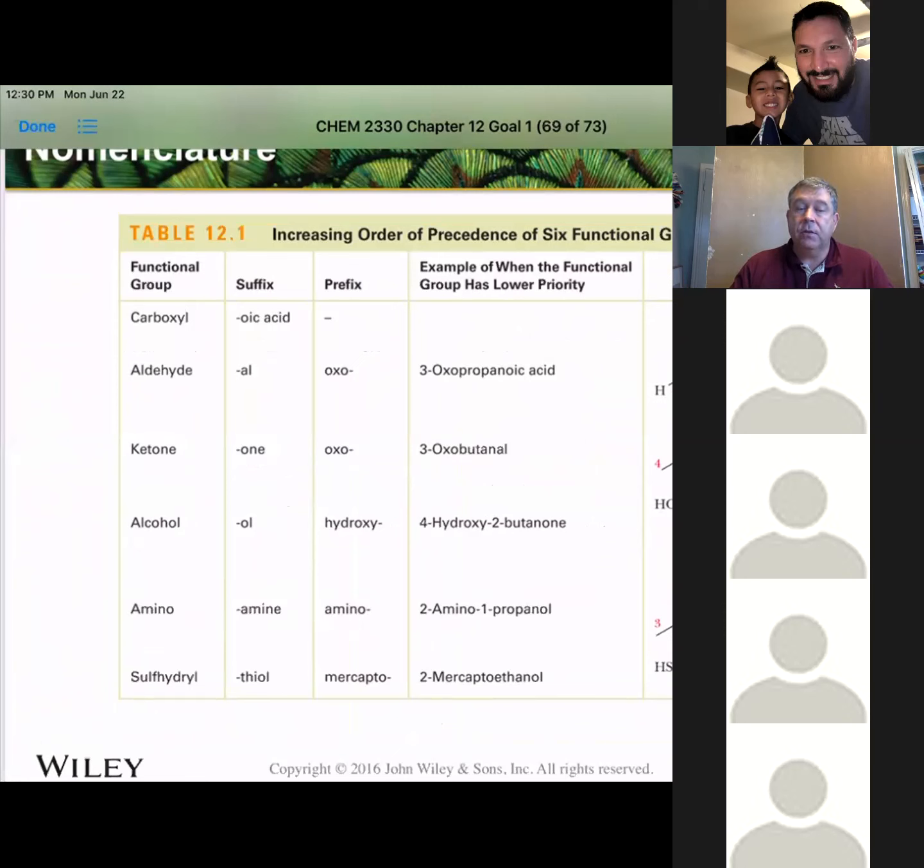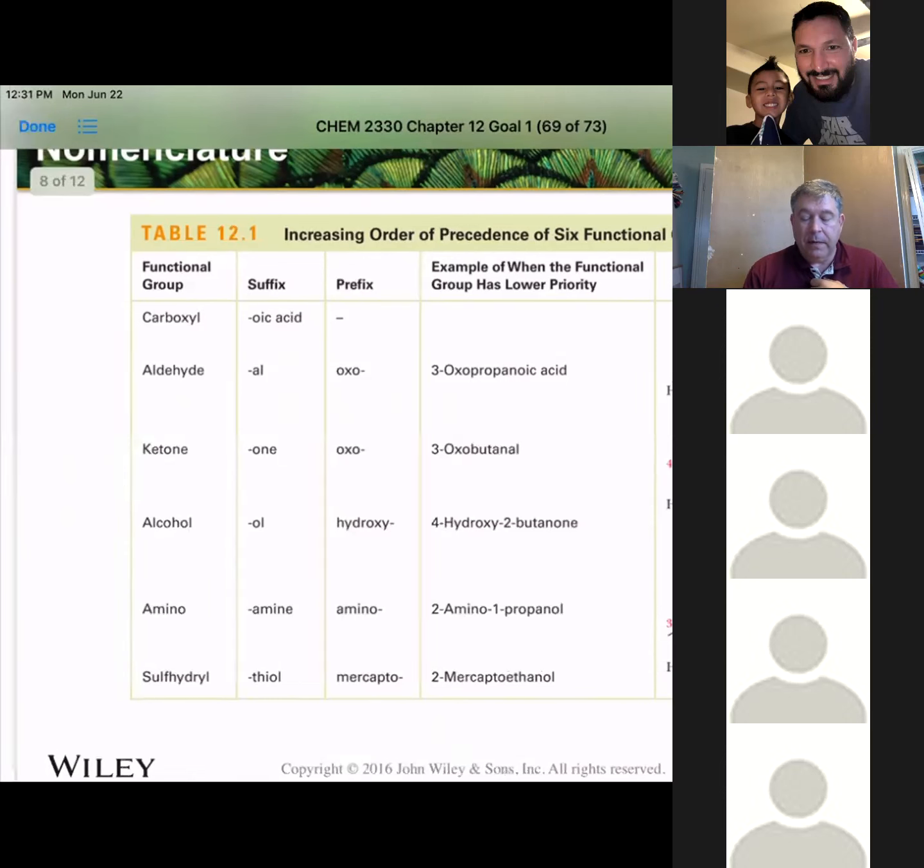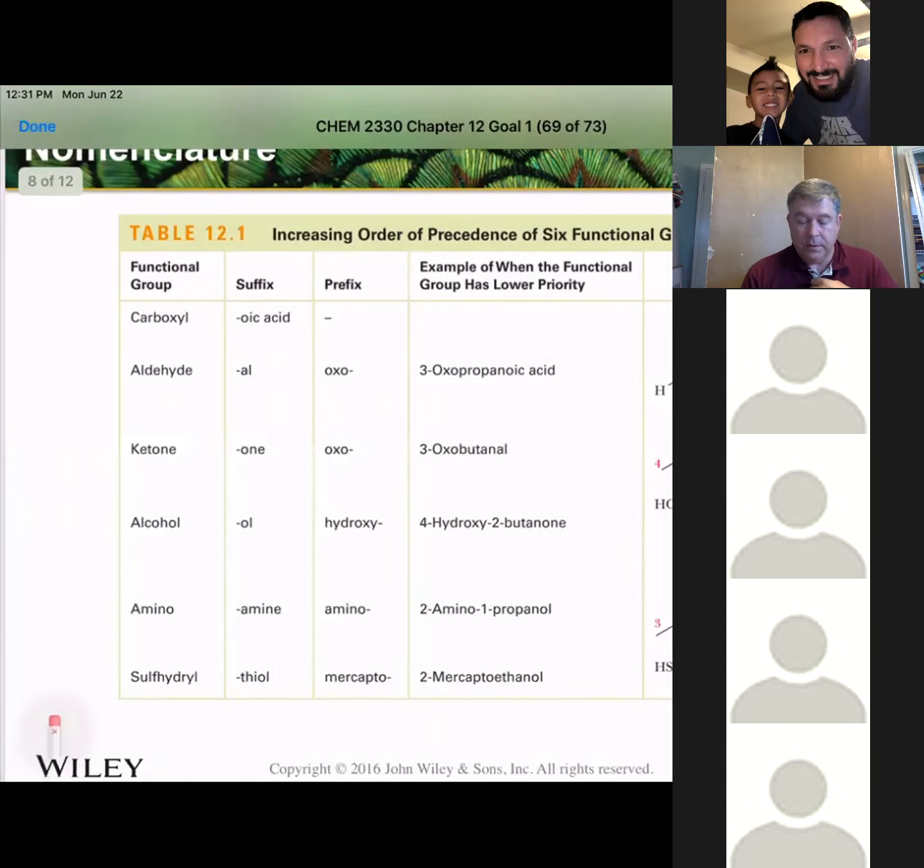And if we had sulfur and amino groups and they were the only groups on there, it could change the name into a thiol or an amine. However, if there was any higher group, they were a substituent. So in this case, the sulfhydryl, amino, and the halo groups are the lowest ones, and if there's anything higher than them, they are a substituent.